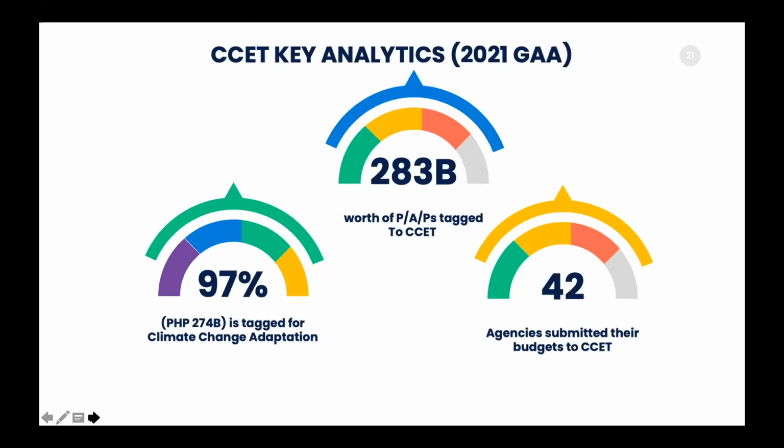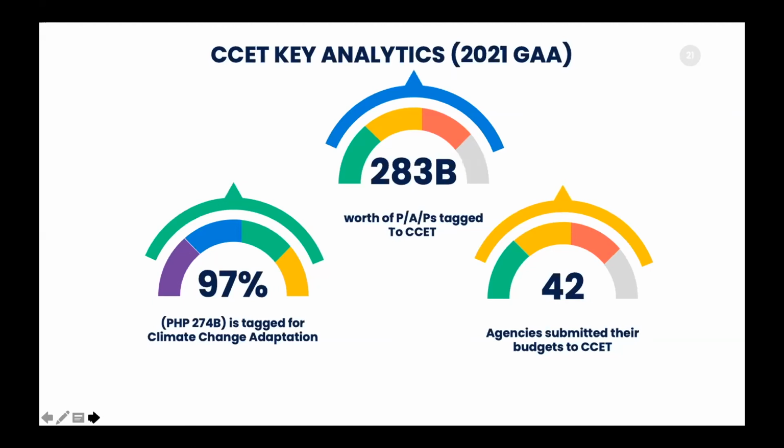So it is actually a 16% increase po, no? Because for this year, ang figure po natin is actually 283 billion po. And of the 283 billion, 97% po dito ay climate change adaptation. And 3% lang po dito ay corresponds to mitigation PAPs po natin.